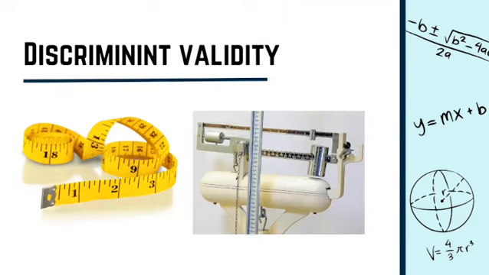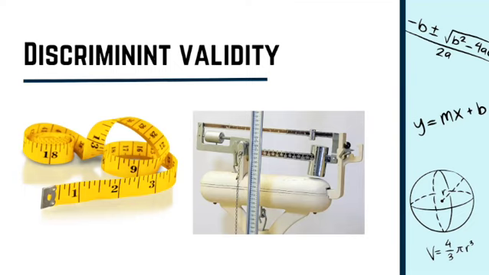Discriminant validity. So in this fun example, let's imagine that you have different tools to measure people. One is a measuring tape and the other is a weighing scale. Discriminant validity is about making sure that these tools are measuring different things. The measuring tape is meant to measure height and the scale is meant to measure weight. Similarly, in testing, discriminant validity ensures that different tests are truly measures of distinct traits or characteristics.